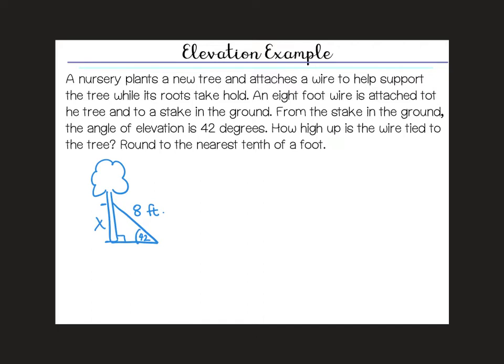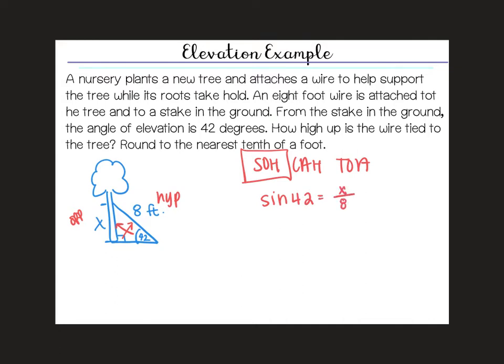Once you get your picture drawn, again, we're just using trig to solve. So I start labeling. This would be opposite, and this would be hypotenuse. Thinking back to SOHCAHTOA, I have opposite and hypotenuse, so I would be looking at sine. So sine 42 equals opposite, which is x, over hypotenuse, which is 8.